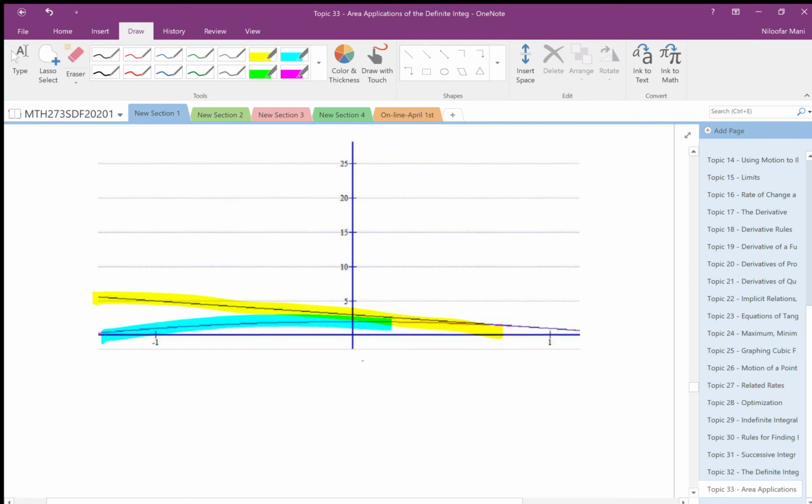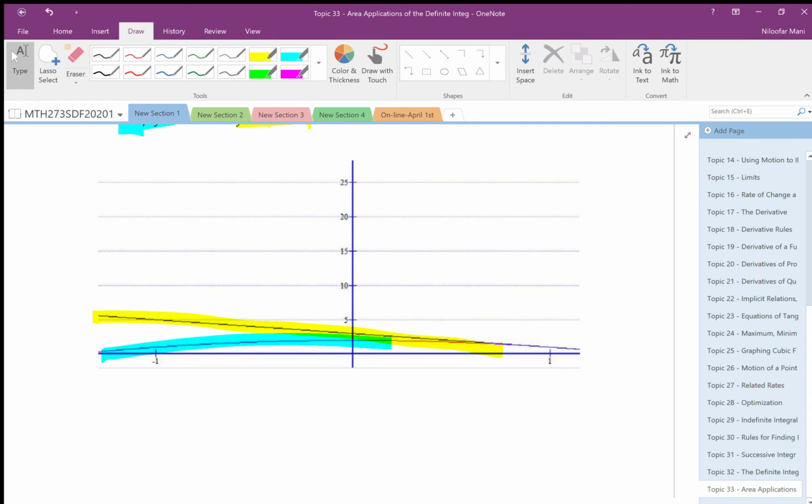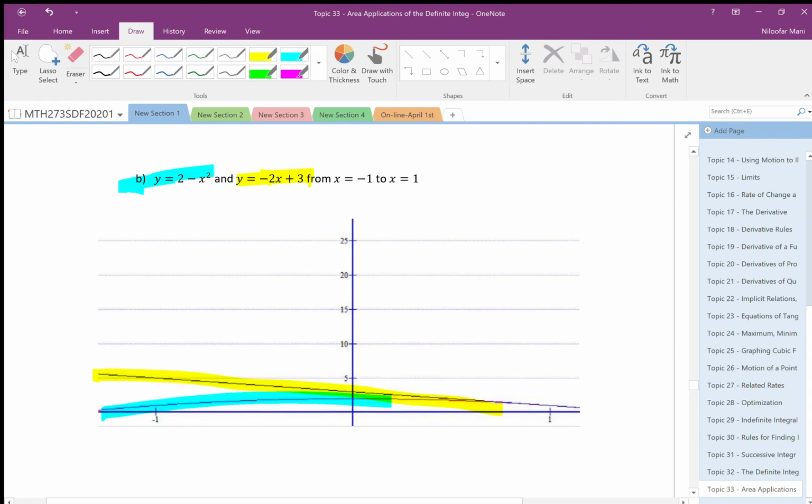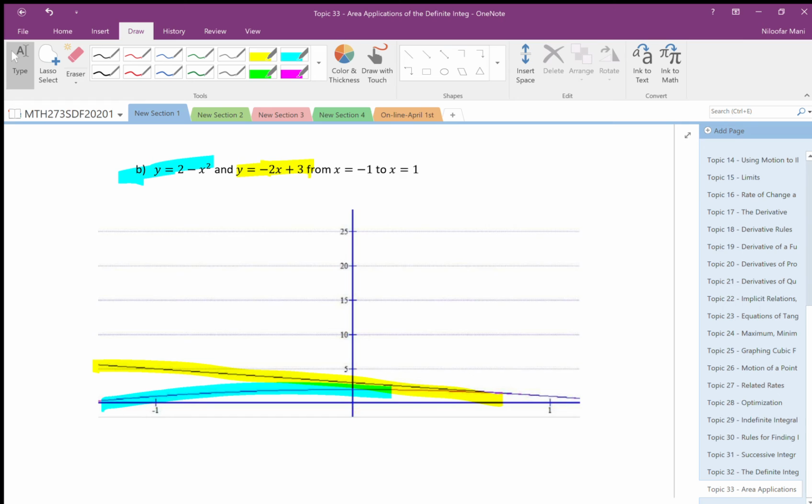Although it's not really obvious here. It says from -1 to 1, so I have this part which is bounded between these two. Okay, so the answer is here.